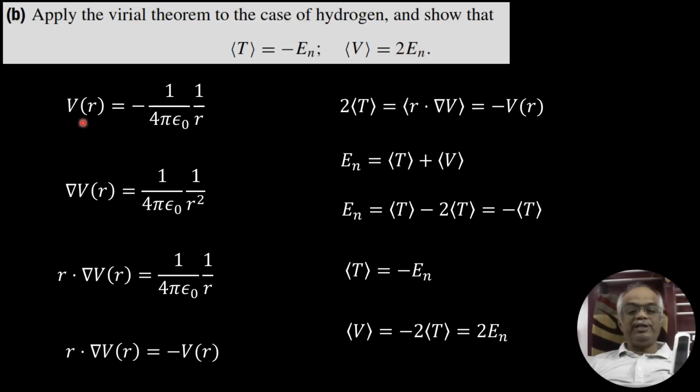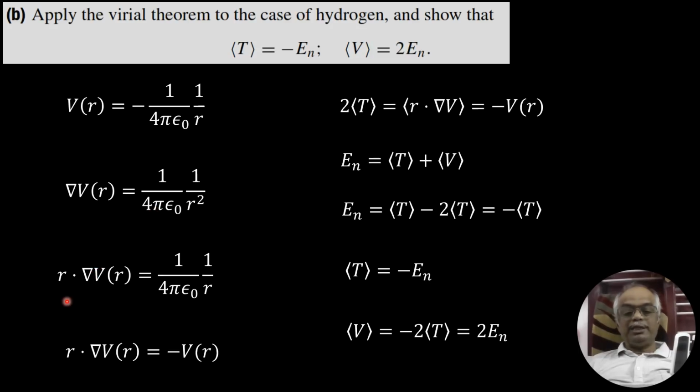So we know very well that the potential energy for the hydrogen atom is equal to minus 1 over 4πε₀ times 1 over r. Now, if you take the gradient, that is ∇V, you differentiate this. If you differentiate 1 over r, you will get minus 1 over r squared. Minus of minus will become plus.